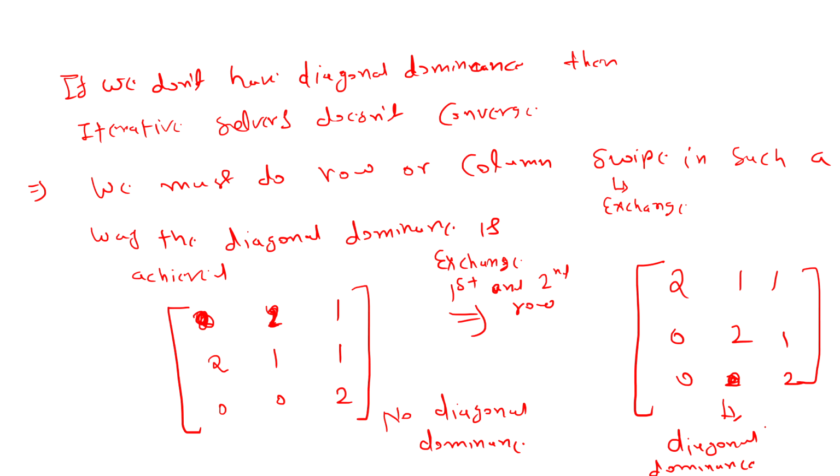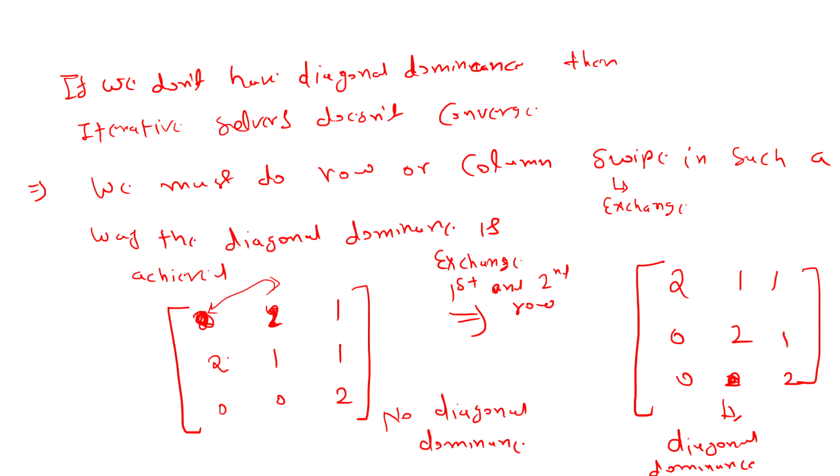So we must make sure, before trying to find the solution by the Gauss-Seidel or Gauss-Jacobi method, that the matrix is diagonally dominant, and if it is not, then we need to do a row swap or column swap in such a way that we get the diagonal dominance. In this case, we could have exchanged these columns as well, so that 2 comes here and this 2 goes there, and this becomes a diagonally dominant matrix.